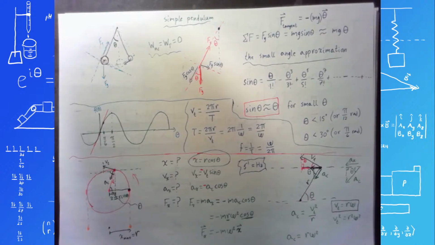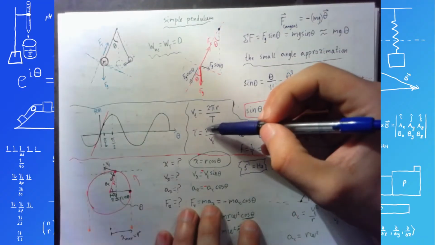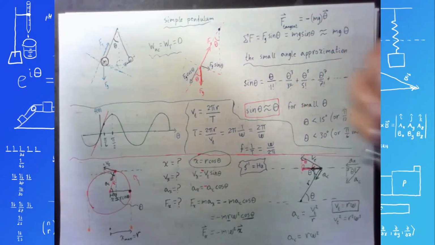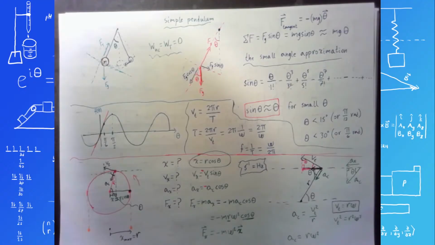Okay, can we find another definition for this omega, another mathematical definition? Well, how did we get this omega to begin with? So it was 2 pi r over v tangential. Let me see, where did we get that from?